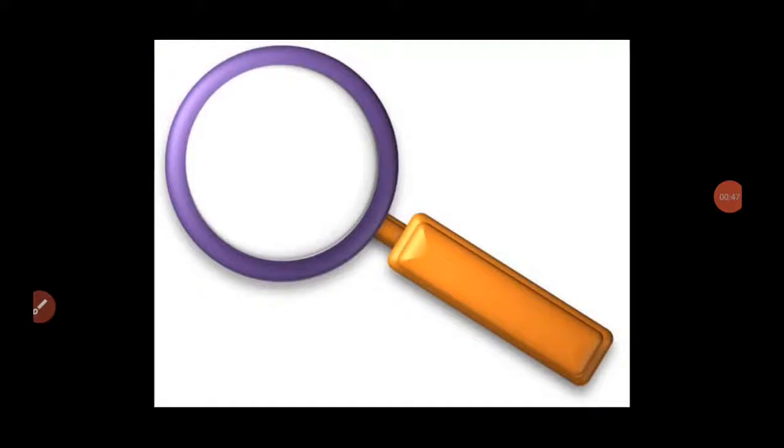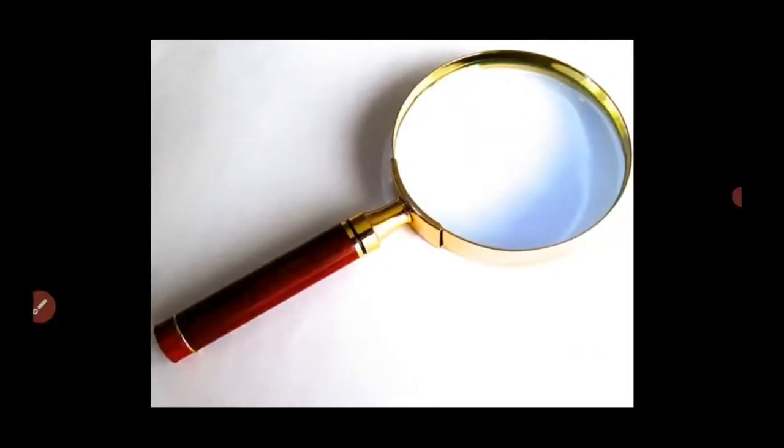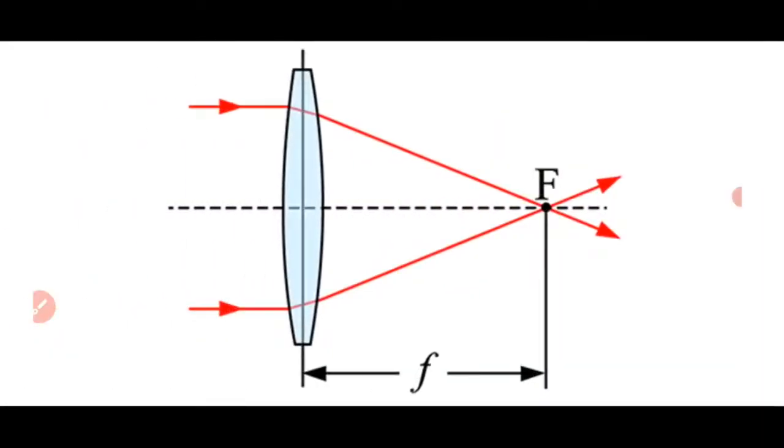A simple microscope has a convex lens of short focal length. Here, focal length means the distance between the principal focus, which is denoted by capital F, and the optic center.